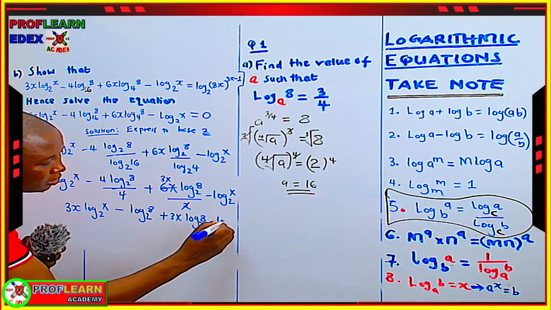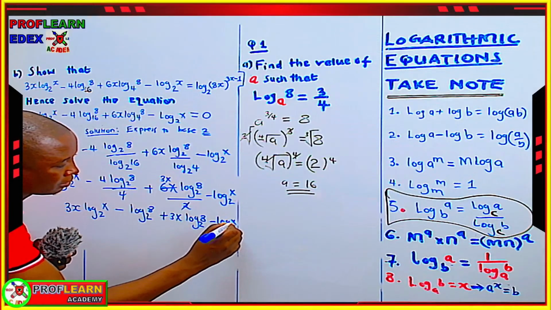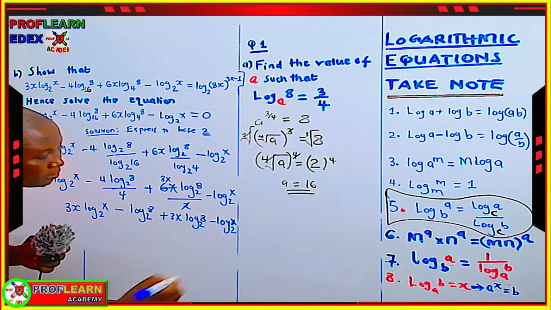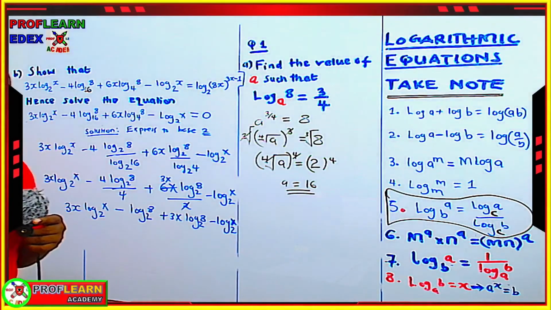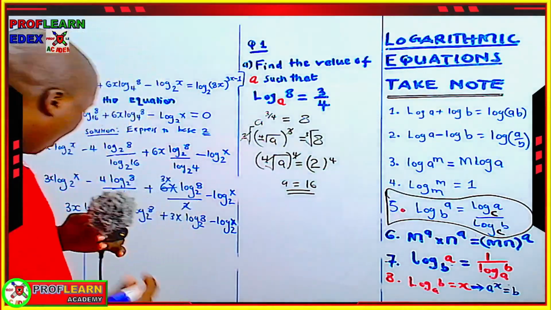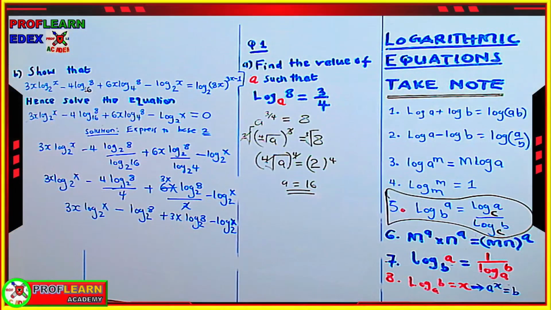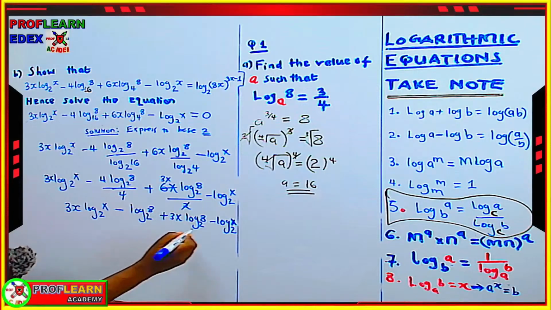All right, considering this and the last part of the expression, we are going to have 3x log x base 2 minus log x base 2. This one, it will be plus 3x log 8 base 2 minus log 8 base 2.